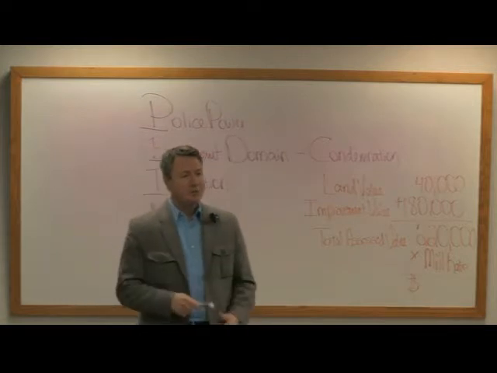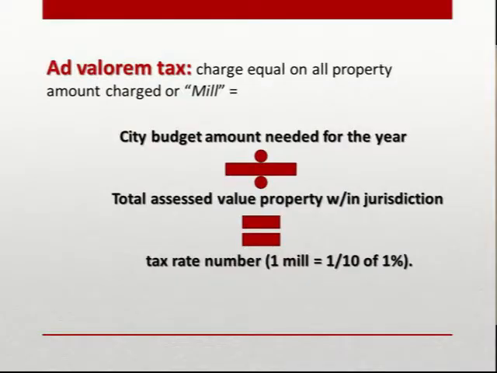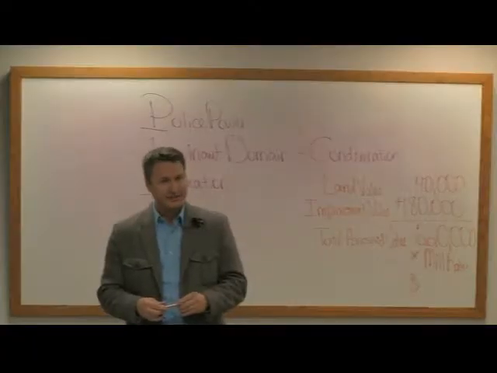And how they determine the mill rate is we take the entire city budget that's needed for that year, to pay for all the employees, the new school we just built, the library that we are building, all of that, we total all that up, and then we divide it by the total assessed values of the properties that are taxed within that community.